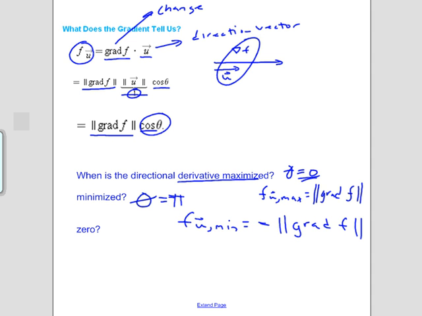And when will it be 0? It's 0 at pi over 2 or 3 pi over 2, because at that point, we're talking about how something is changing in the direction of u, where my change vector, my grad f or del f, is totally perpendicular. If my change vector is perpendicular to my direction vector, then there's going to be no appreciable change.